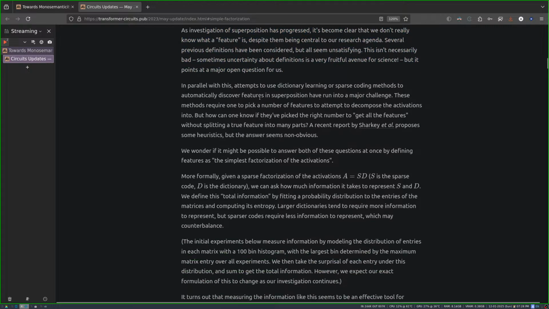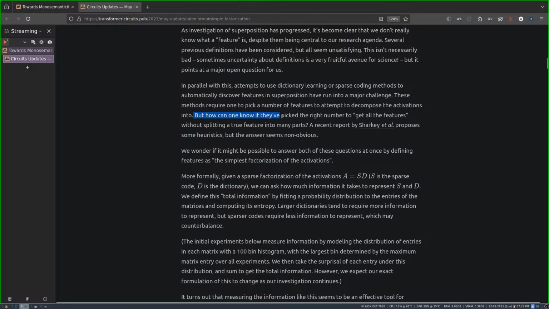Now the attempts to use dictionary learning or sparse coding methods to automatically discover features ran into a major challenge. These methods require one to pick a number of features to attempt to decompose the activations into.